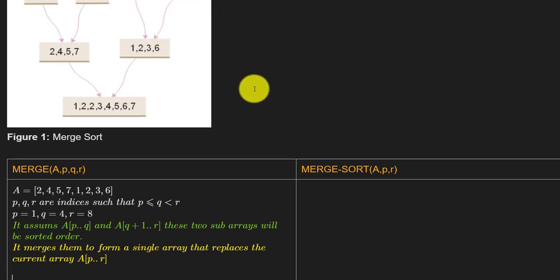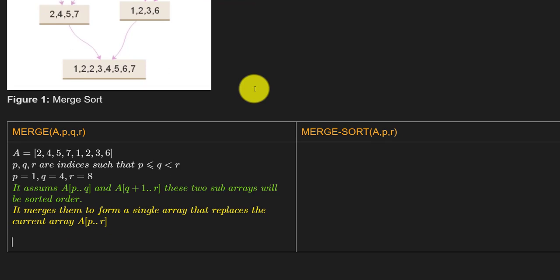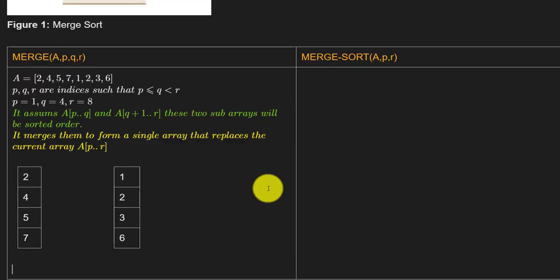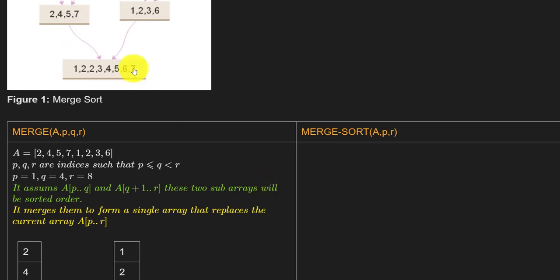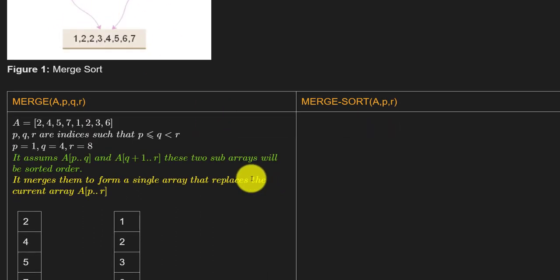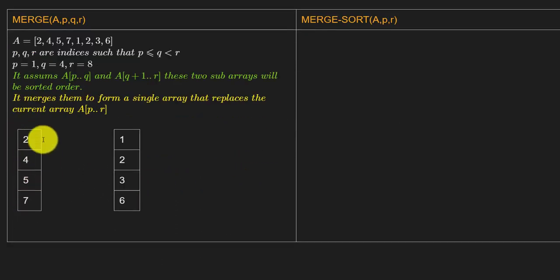So let me create two vertical tables over here and arrange these numbers. Just like we did in our previous video, I have arranged 2 4 5 7 and 1 2 3 6 in a vertical order.